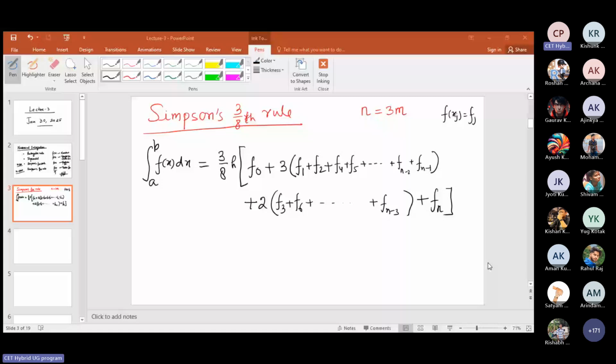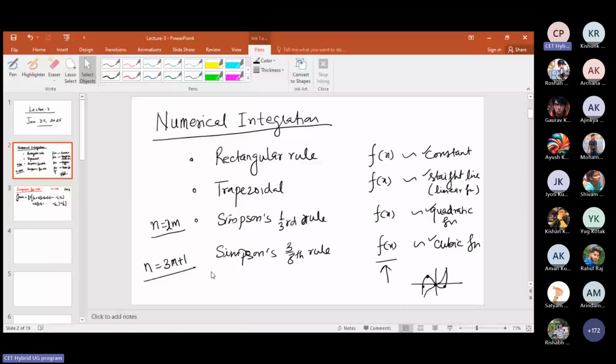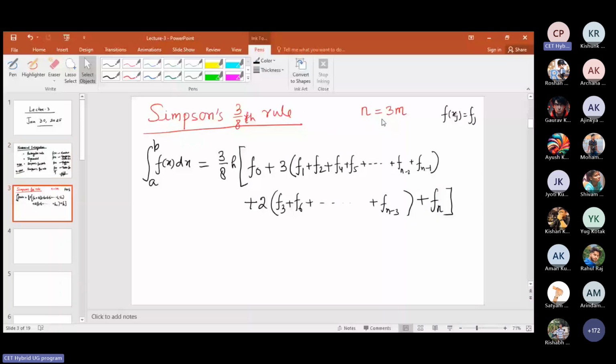So the point here is what I'm saying here, in case of Simpson's 1/3 rule, you choose the number of points as n is equals to 3m plus 1. Like here, so maybe this is creating confusion.